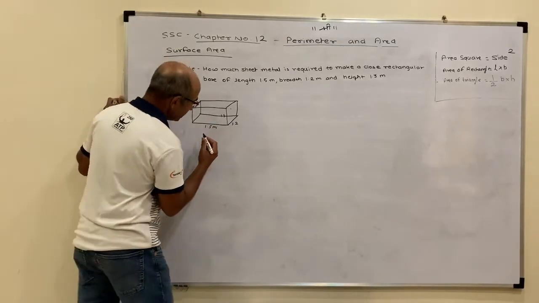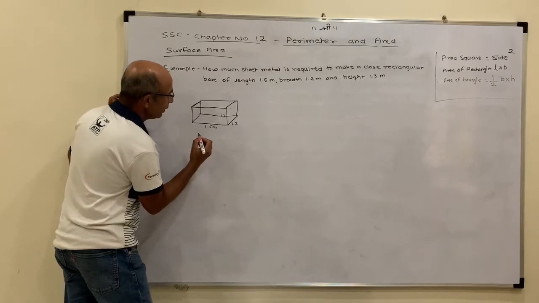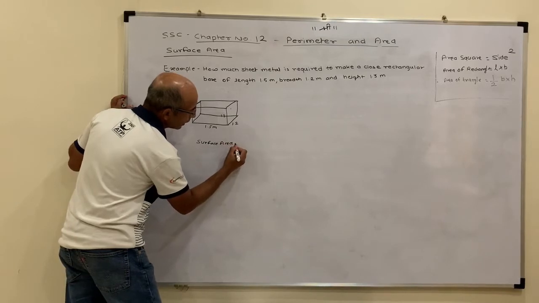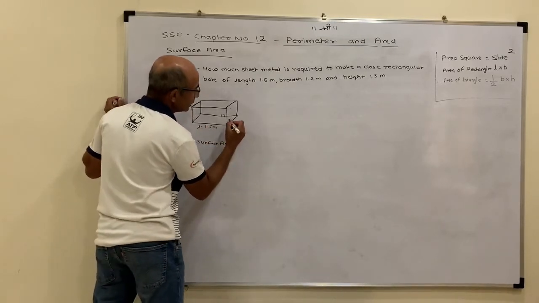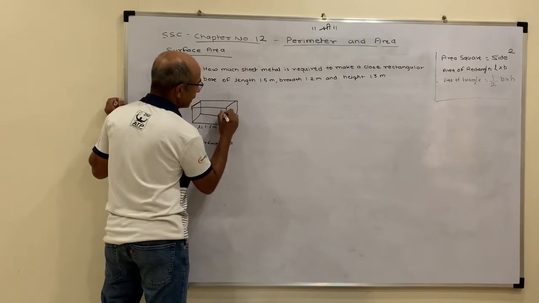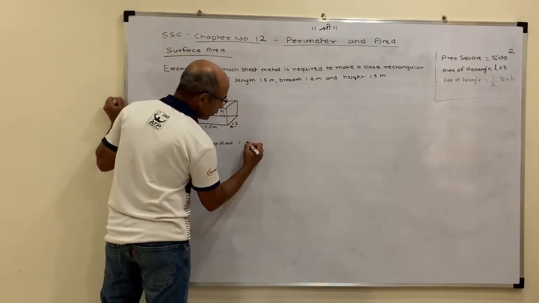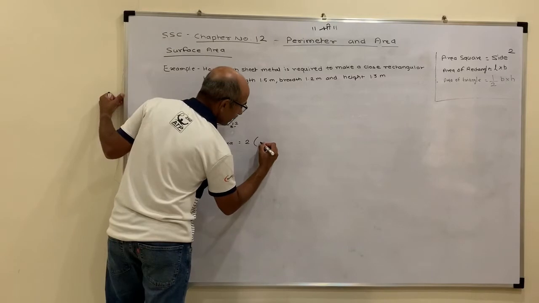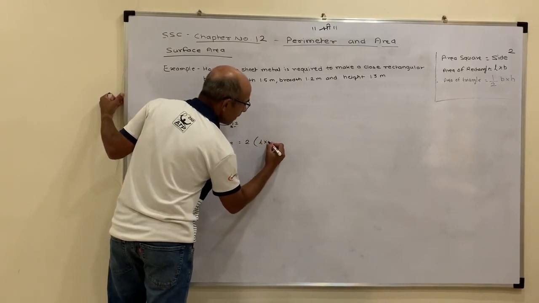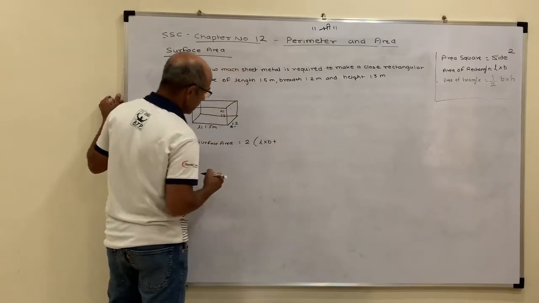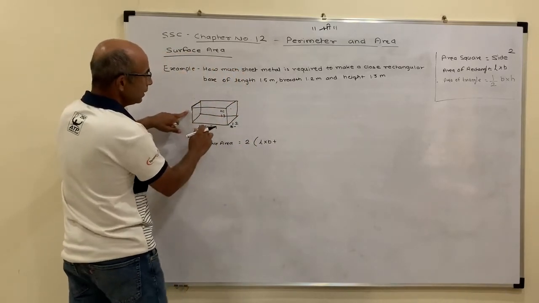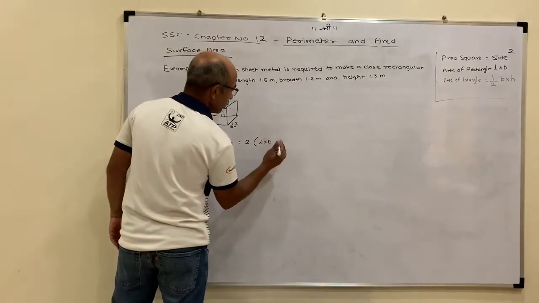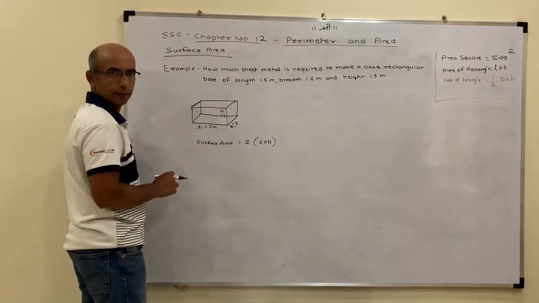So, if I say the surface area, this is length, this is breadth and this is height, equals 2 into length into breadth, the bottom one, length into breadth, plus. Since it comes twice, I write a 2 here.